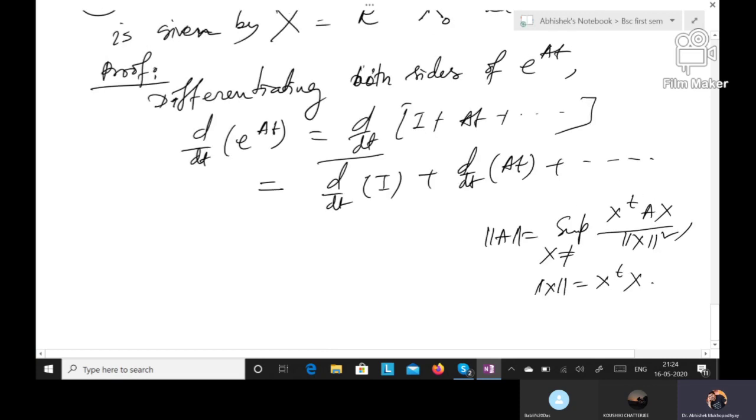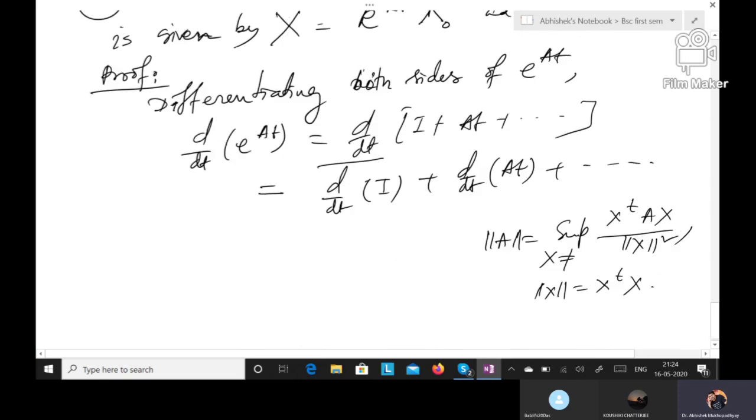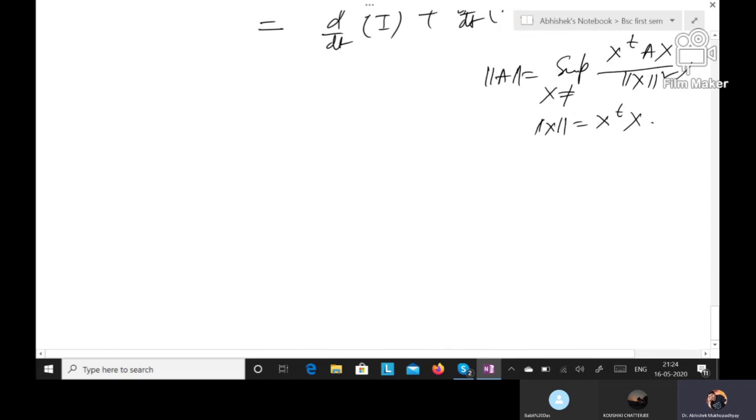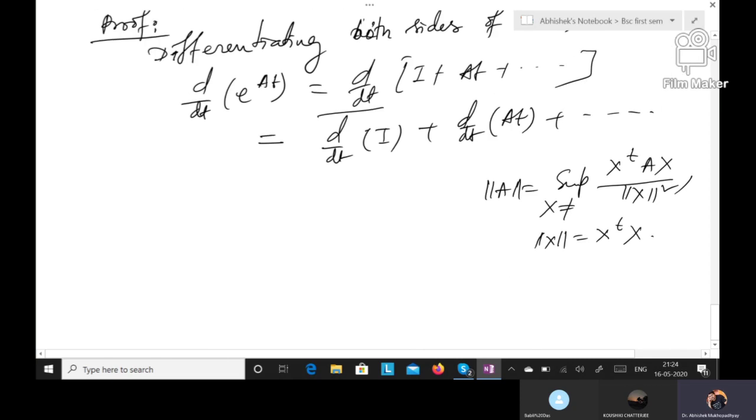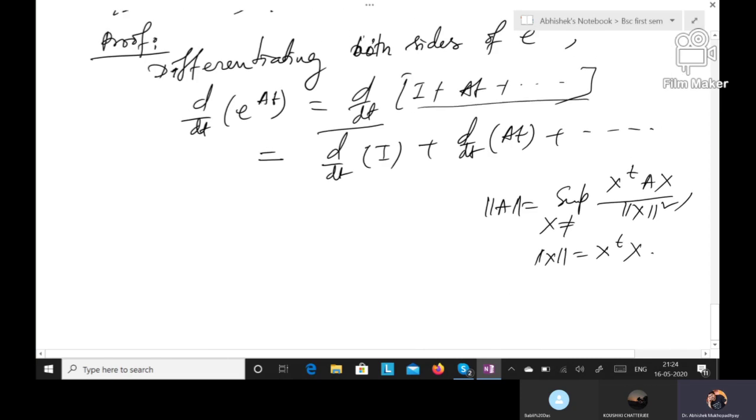So with respect to this norm, this series is convergent. And since this series converges, we can put the differentiation inside the bracket, and apply it to each term of the series.